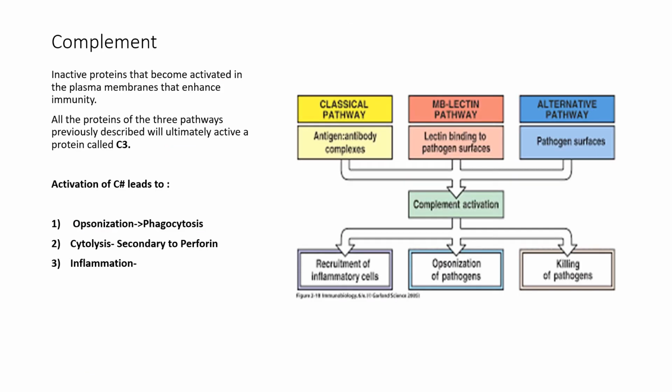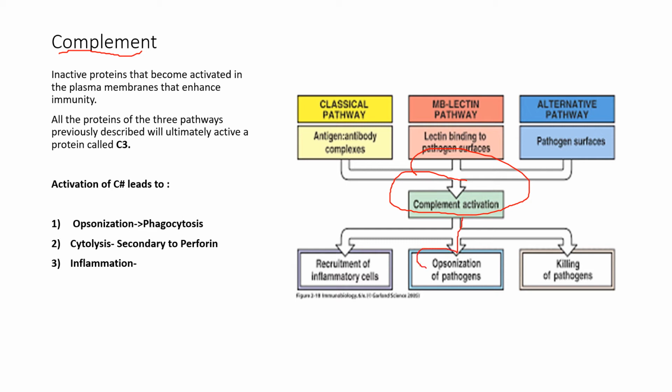So here, again, we're talking about complement. And this here shows you a chart. It shows you the classical pathway with the antigen-antibody complex, the lectin pathway with the lectin binding to the pathogen surface, and the alternative pathway with the pathogen surface. And then you get complement activation, which will create phagocytosis.